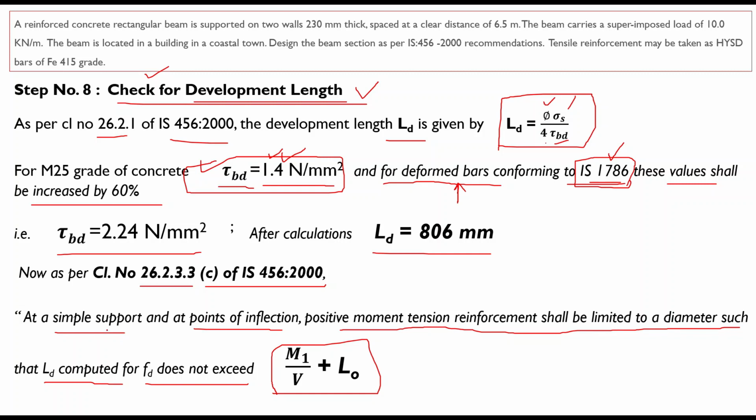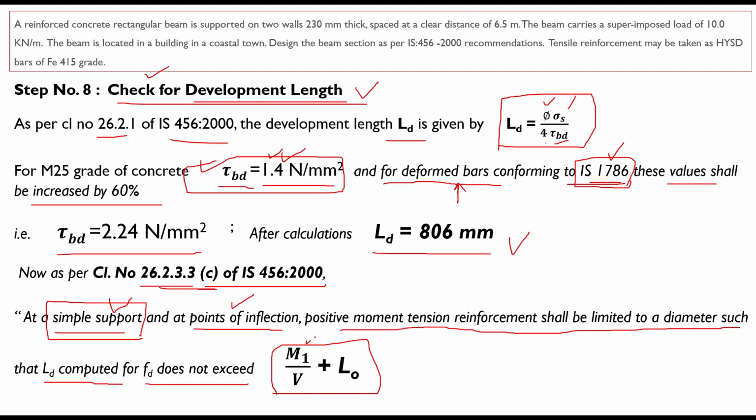So this part of the statement is applicable, and what is the point of inflection, that we will go through later in the design problem. So here this subclause part C is applicable in our case, in case of a simply supported beam. So we have to check whether this LD which we have already calculated is exceeding this value or not.